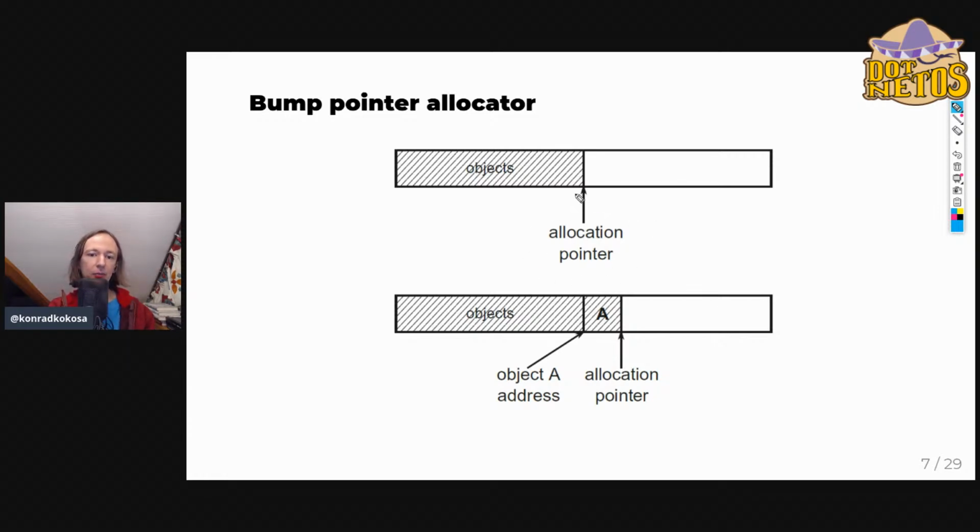It is exactly the same idea: where is the place for the next object? If we are creating object A with some size S, then we bump the allocation pointer by the given size, and the address of object A will be the previous address of the allocation pointer. So we have exactly the same idea in .NET.